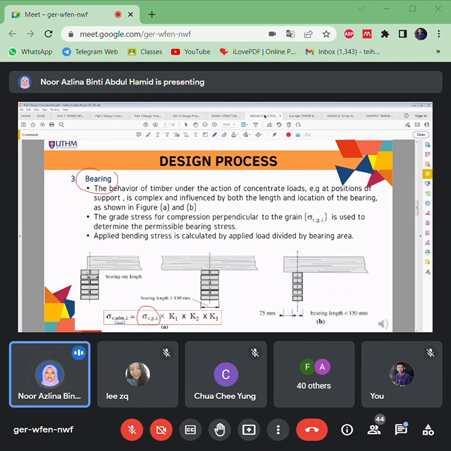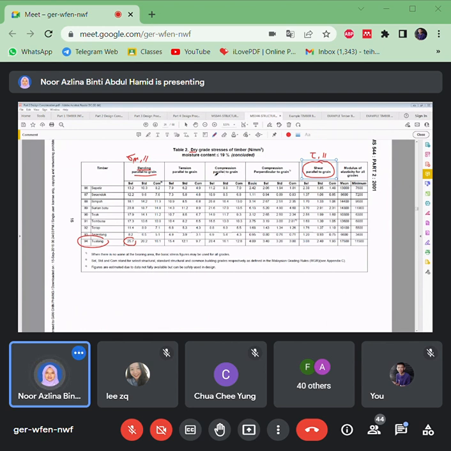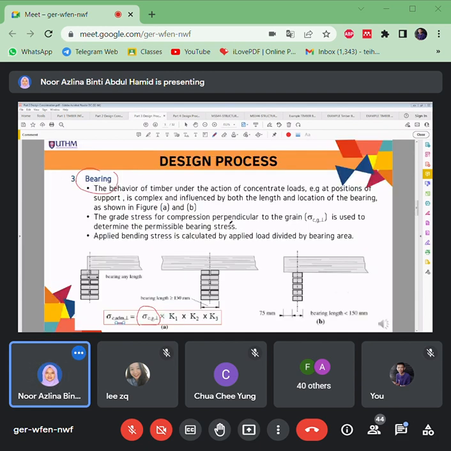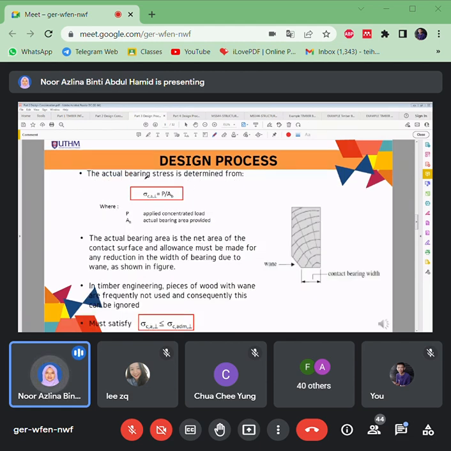If I refer back to the table, we have compression parallel and compression perpendicular. This is the value for perpendicular, so don't make mistakes on this, because we have both parallel and perpendicular, especially for compression. Then you have to compare with the actual or applied bearing stress, which is P divided by A, the area of the timber.